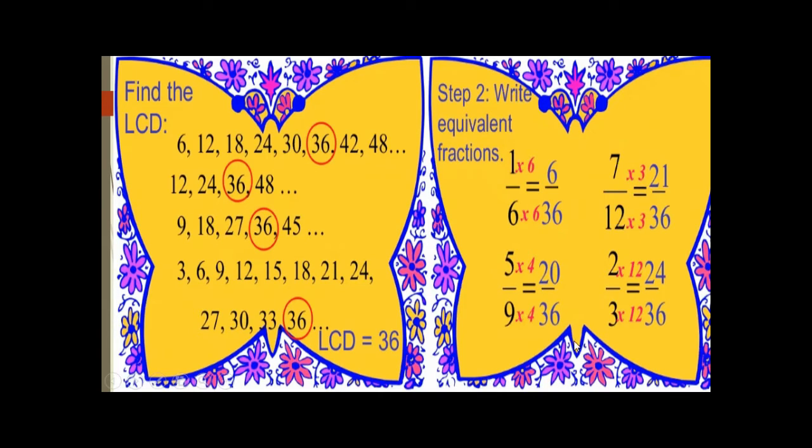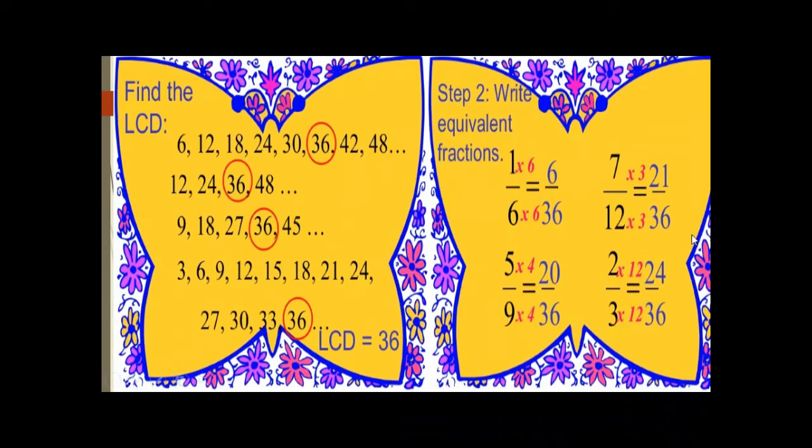So I will multiply the denominator with a number, and whatever number I take for multiplying the denominator, I must take the same number with the numerator.